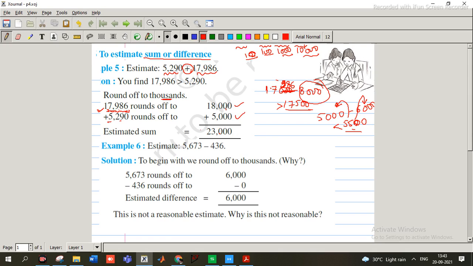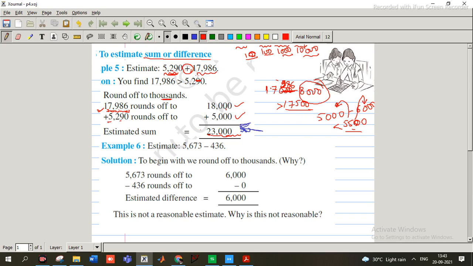Once we add them, we'll get the approximate answer of the sum of these two. Once you solve it by approximating to the nearest 1000, you will get this. You can check it by yourself.